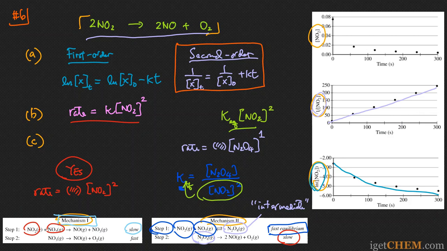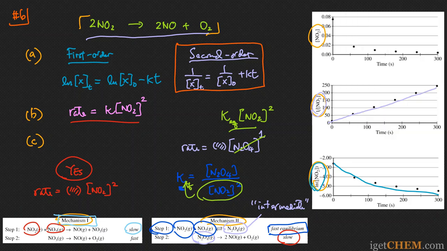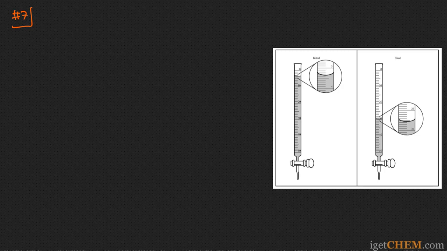So at the end, instead of writing the rate as a function of N2O4, you can rewrite it as a function of the square of NO2. And so you see again that this is consistent with the second order rate law that we have observed. So that also is consistent with the observed kinetics.